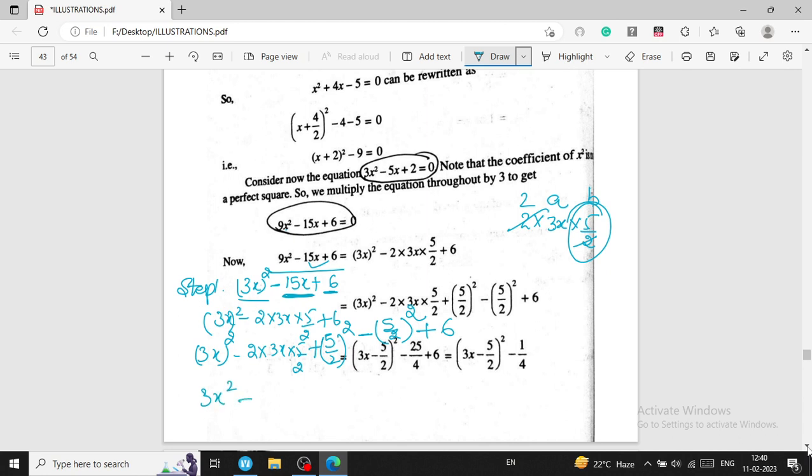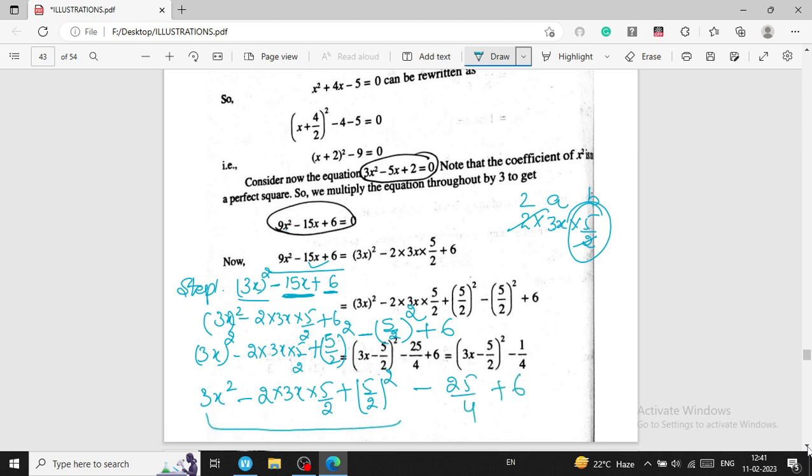3x square minus 2 multiply 3x multiply 5 by 2. Here (5 by 2) whole square as it minus it, this will be solved 25 over 4 plus 6.